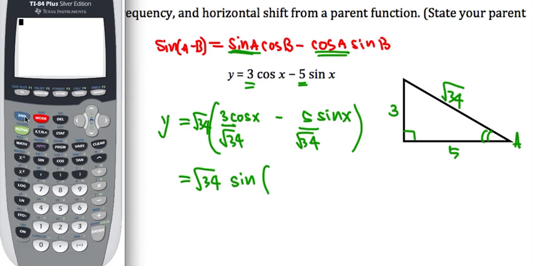Let me just use the degree measure. Sine in this case is 3 divided by radical 34. Then here we get 30.9 degrees. So that's what we end up getting.